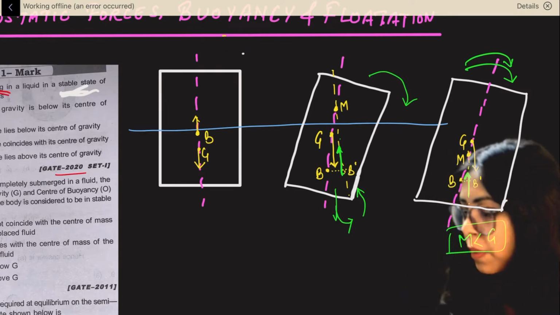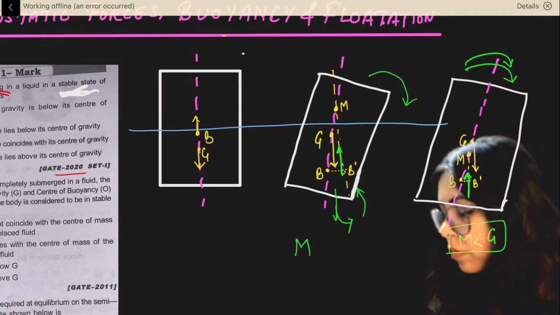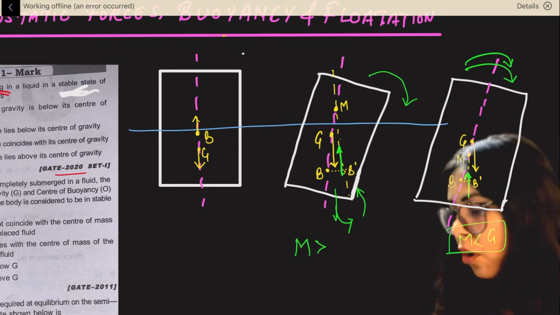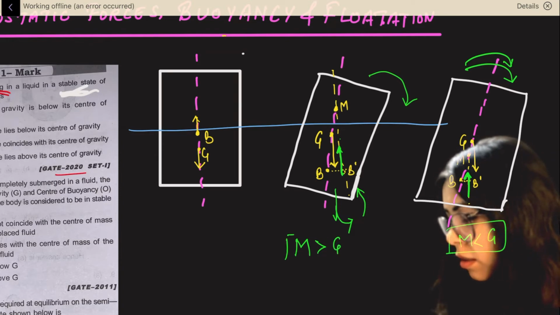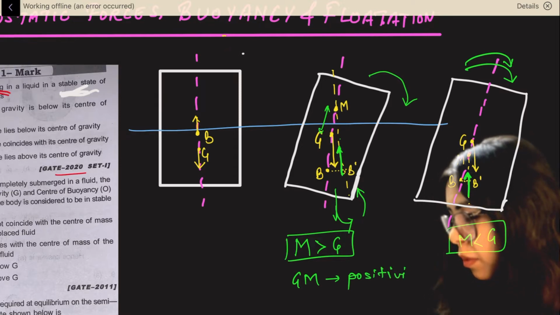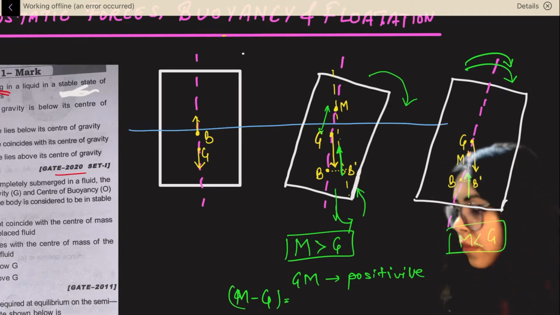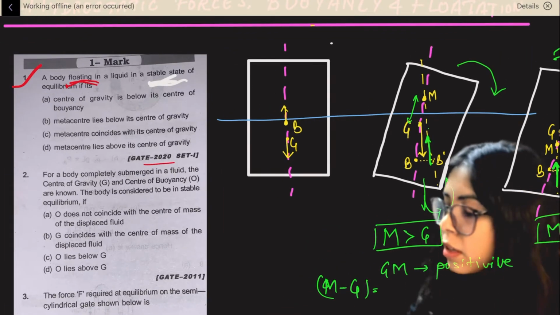So for a stable case, we should always have the metacenter above the center of gravity. In other words, the distance GM is positive, where GM is nothing but M minus G. If this is positive, that means the body is stable.